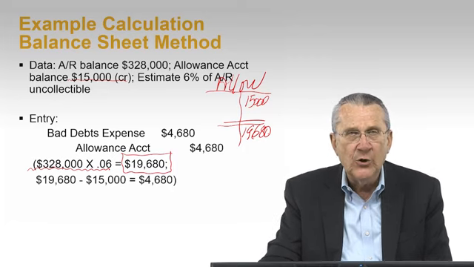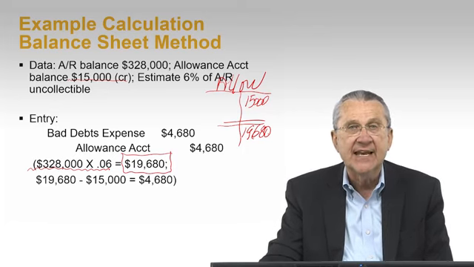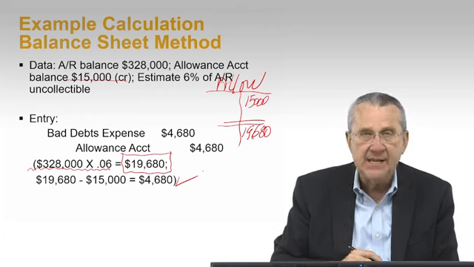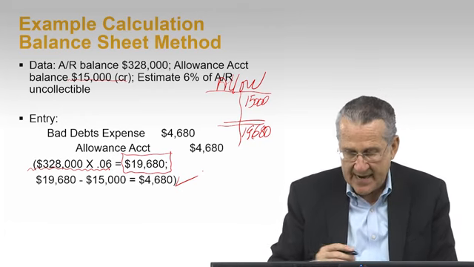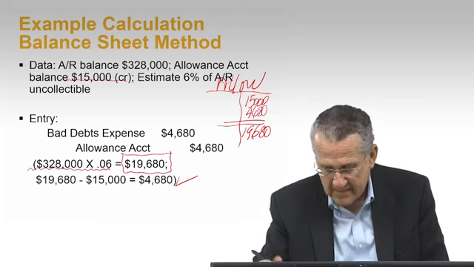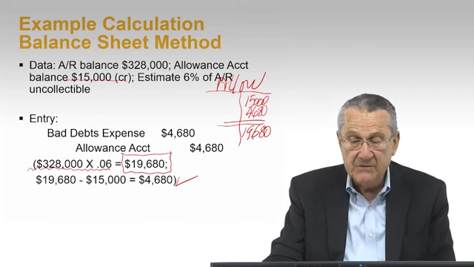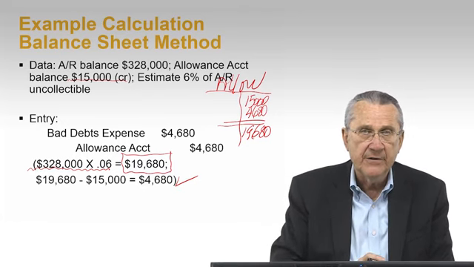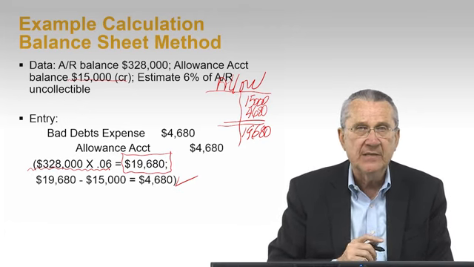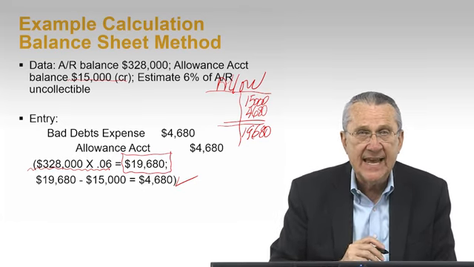So what do I have to put in the account to generate a $19,680 balance? I only need to put $4,680 in the account. So in this instance, the entry we make this year corrects for last year's prior period's adjustment and gives us, we believe, the best balance sheet that we can get.